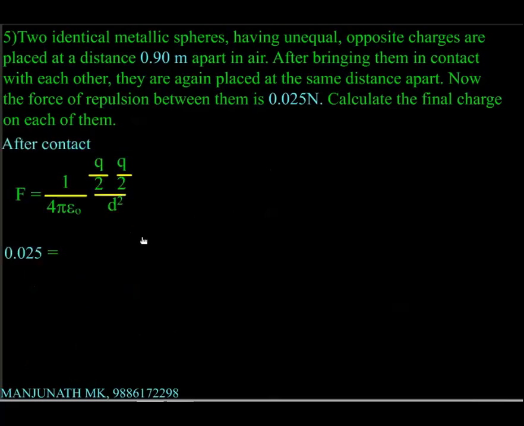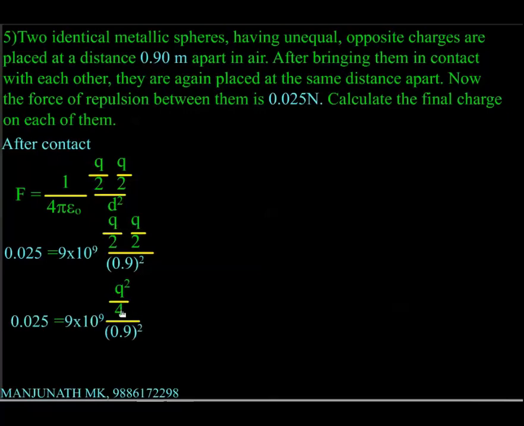So look here, therefore, now substitute for F 0.025 Newtons. Here it is given. And we know 1 over 4 pi epsilon naught is 9 into 10 to the power of 9. And d square, distance, is given 0.9 square. Okay, now Q square divided by 4. So here this Q square by 4 can be written here 4 into 0.9 square.